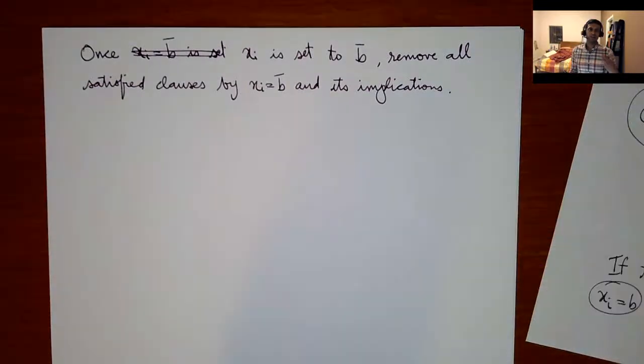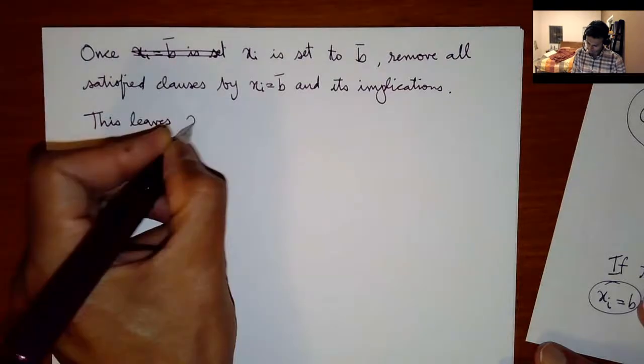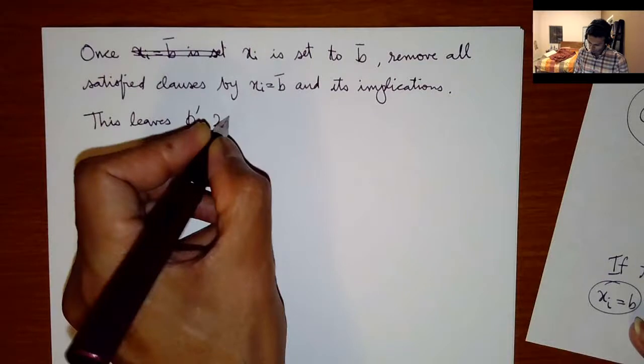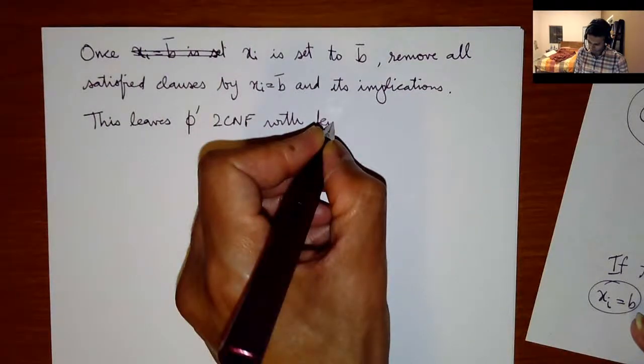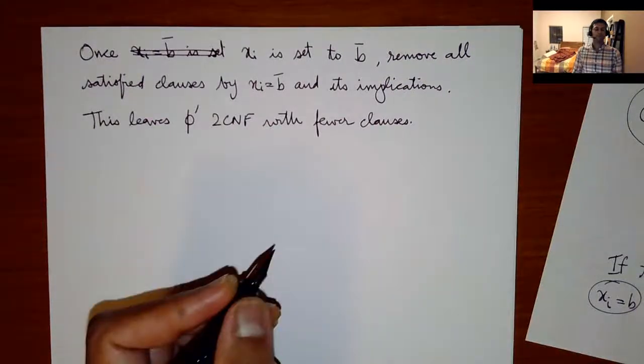And now you just recursively solve. This leaves some C prime, which is a 2-CNF with fewer clauses. And then you go ahead and try to find an implication here, and you proceed.